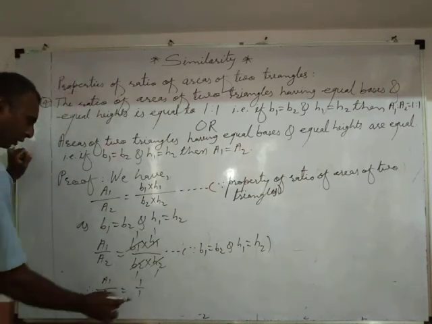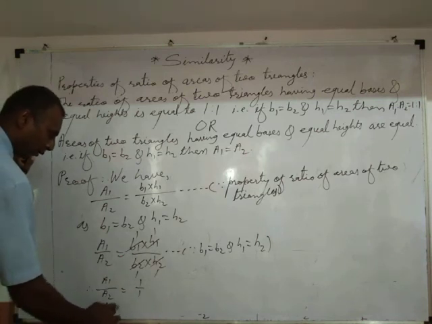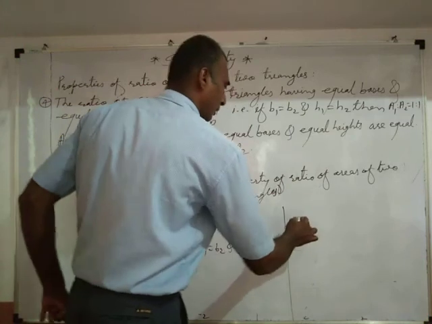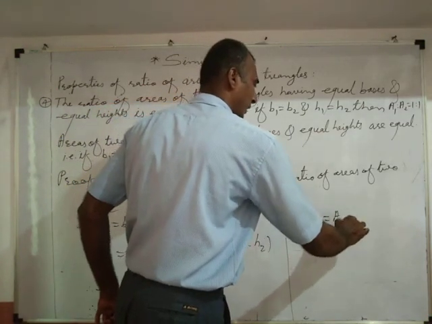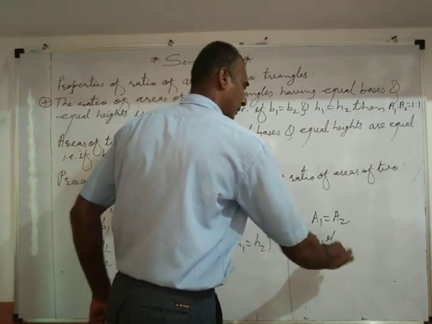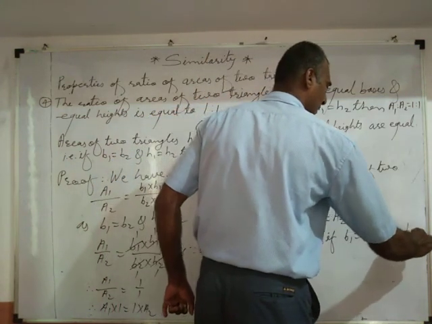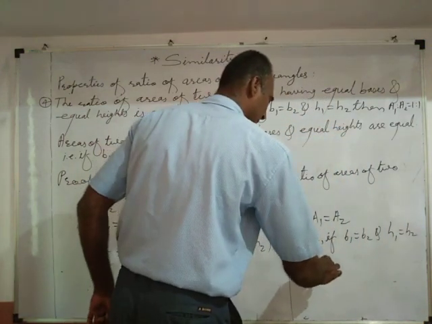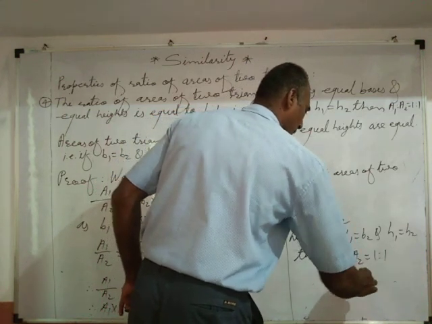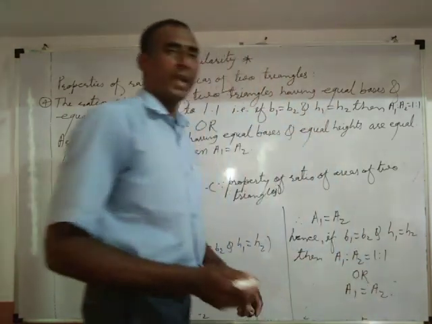And on cross multiplication, A1 into 1 equals 1 into A2, and therefore we have A1 equals A2. Hence if B1 equals B2 and H1 equals H2, then A1:A2 equals 1:1, or A1 equals A2. Hence the proof.